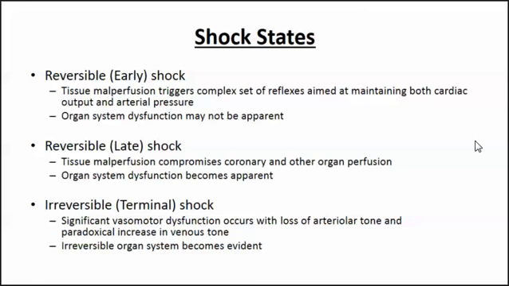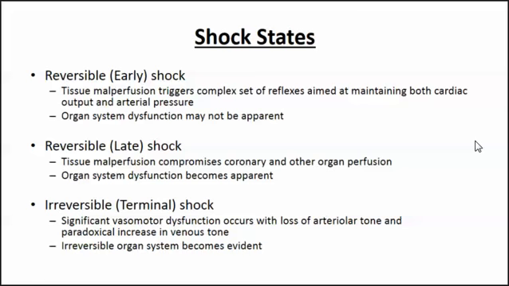In this, you have significant vasomotor dysfunction. Your body gives up, for lack of better terms, and you have vasomotor dysfunction occurring with loss of arteriolar tone, and you get a paradoxical increase in your venous tone. So your central venous tone starts to increase not as a protective mechanism, but as a completely dysfunctional mechanism.